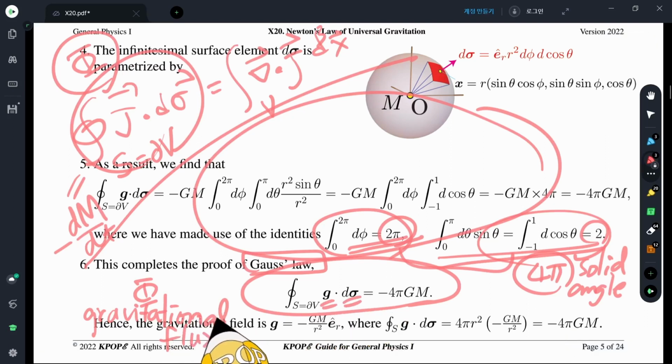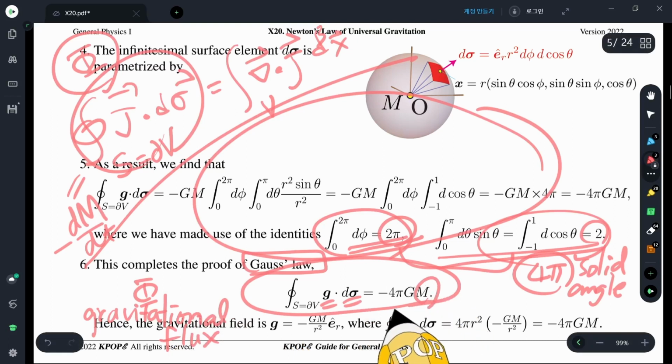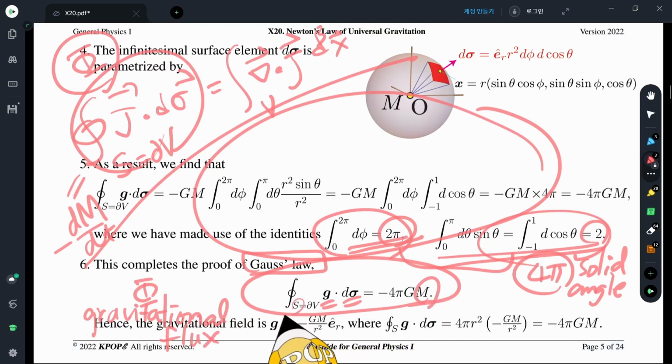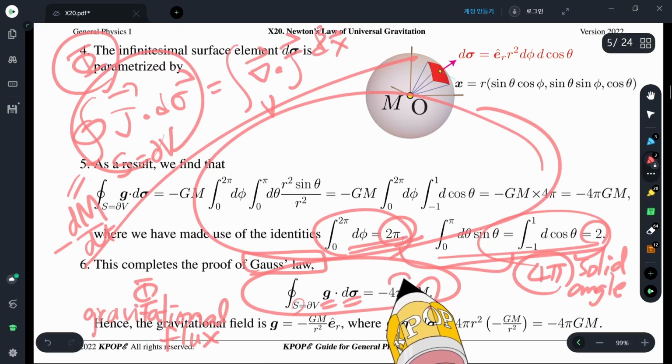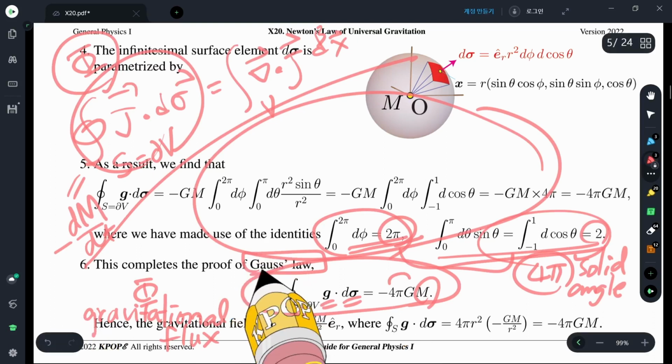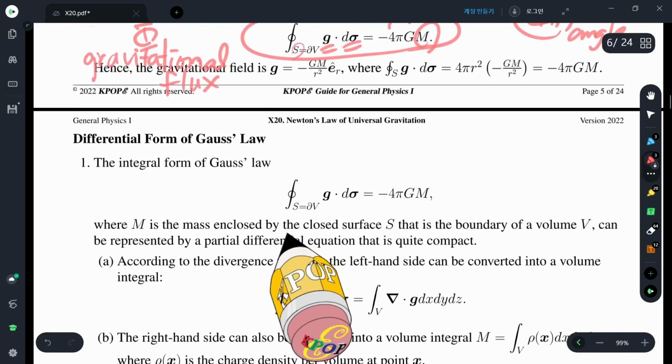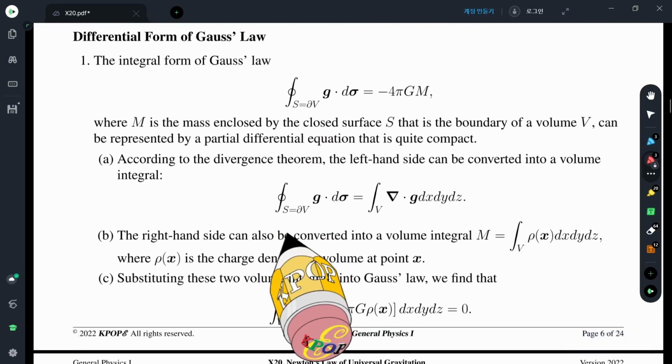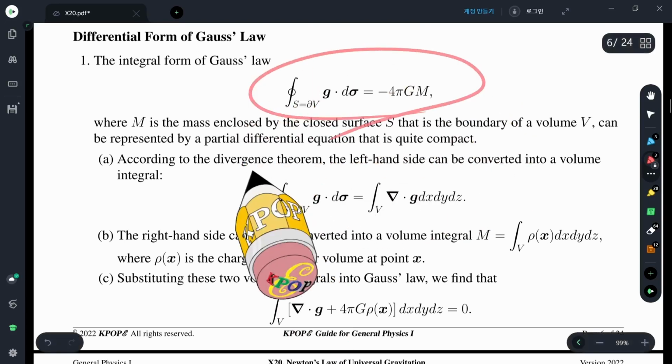So that is proportional to the mass inside that volume, that closed surface. And the proportionality constant is minus 4 pi G. G is the strength of the gravitational force called the gravitational constant. So we have arrived at Gauss law in the integral form.